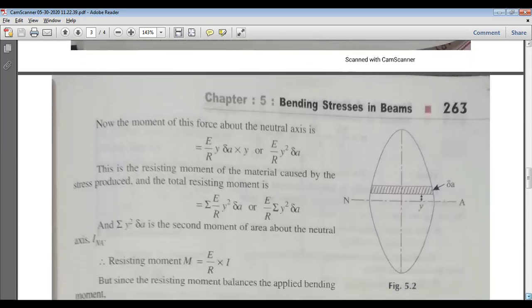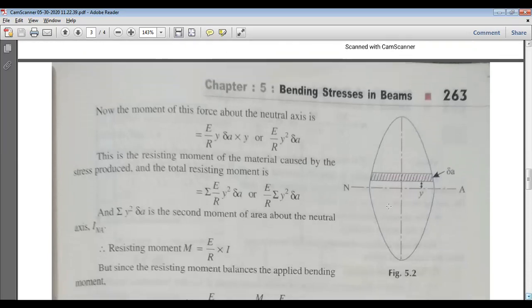So this way we can say E by R sigma y square into delta A, because y square will vary from this point to this point, and this is the extreme point. We have taken a small strip that is y distance away from the neutral axis, but in general we have to sum up all the strips that lie from the neutral axis till the extreme part.